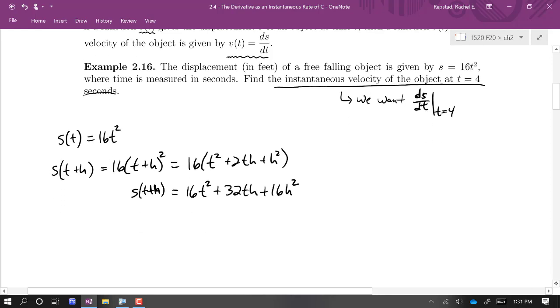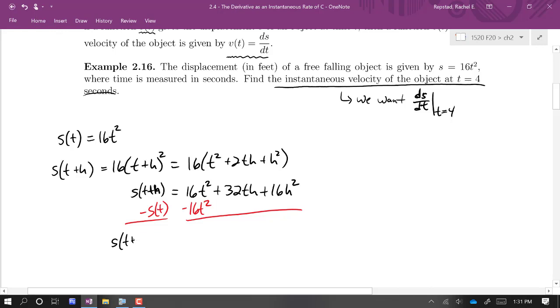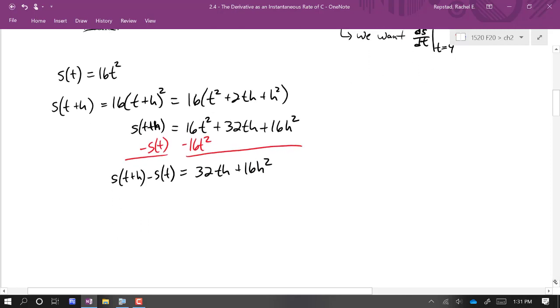Now let's subtract s of t. If we're subtracting this function, that means we're subtracting 16t squared. And we got 32th plus 16h squared. Having found the expression for that difference, we can set up our derivative limit.